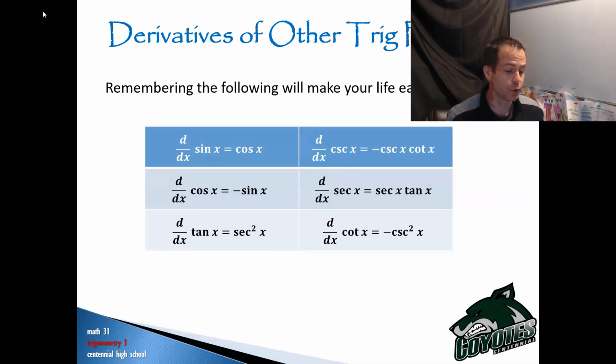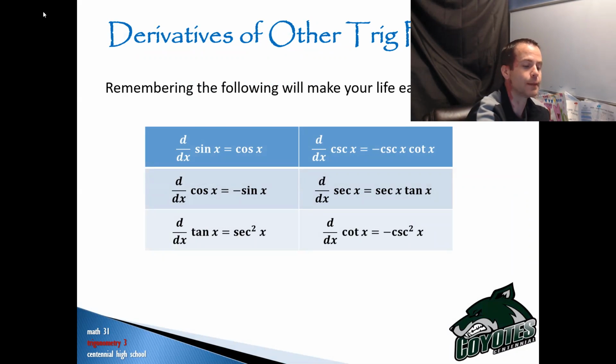I'm going to do 2 of those for you. I'm going to do tan x, and I'm going to do cosecant x, just to show you what I mean. And then I'm just going to leave secant and cotangent for you to try on your own. You know what the answer should be anyway, so I think you'll be okay.